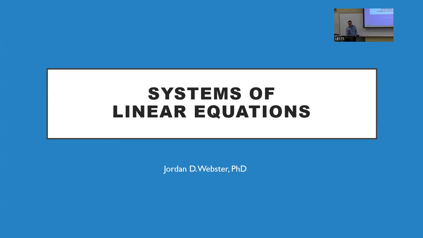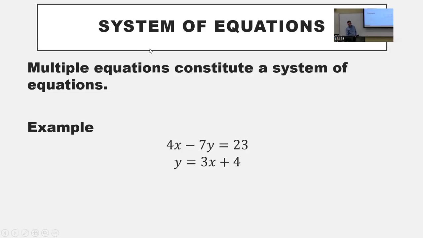So we probably all know what a system of linear equations is. It's multiple linear equations. Okay. So there's an example. 4x minus 7y equals 23. Y equals 3x plus 4. That's two equations that are both linear in two variables. So this is a system of two linear equations with two variables.